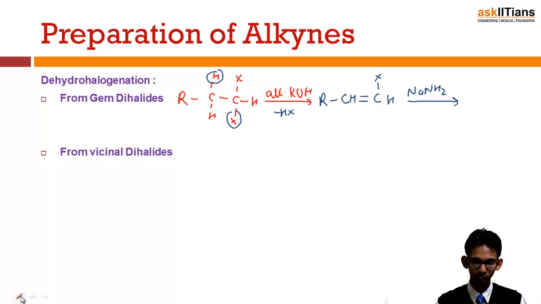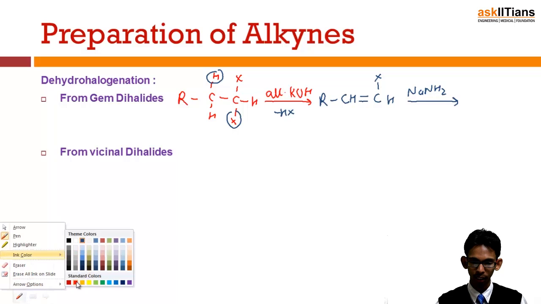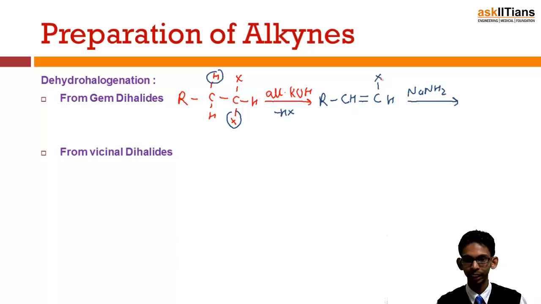Again beta elimination takes place, and this halogen and this other hydrogen come out in the form of hydrogen halide. The resulting compound formed is RC triple bond CH. This is an alkyne. So this is a method for preparation of alkynes from gem halides.